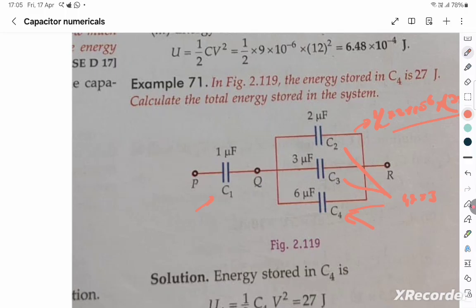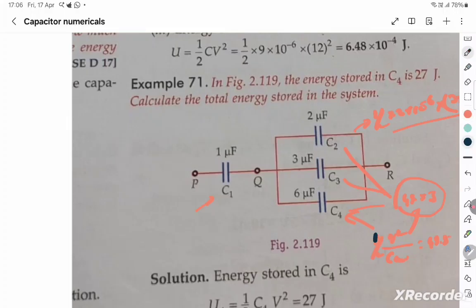how to find the energy stored in this capacitor unless you know the charge. You know that the energy is 49.5 here. You can use the formula half Q square by C equivalent to be equal to 49.5.